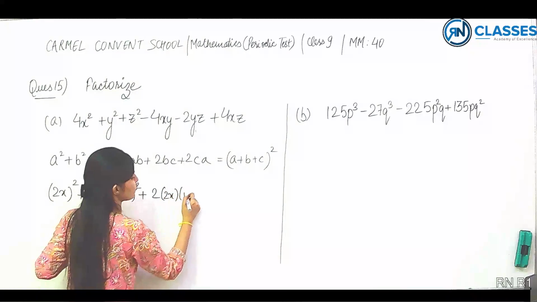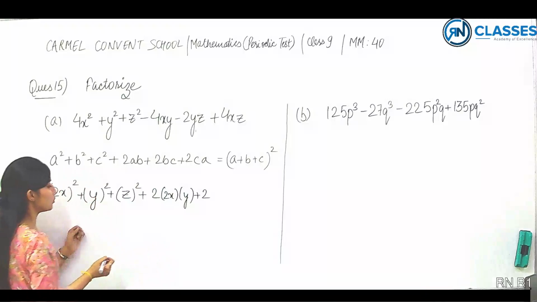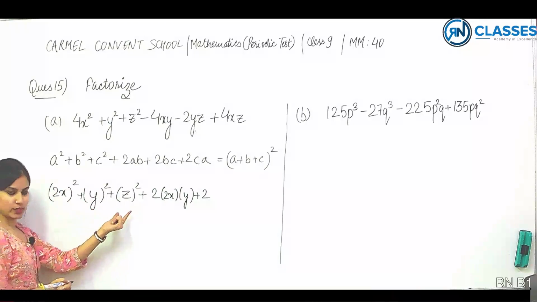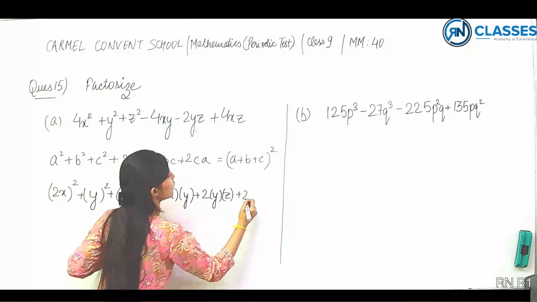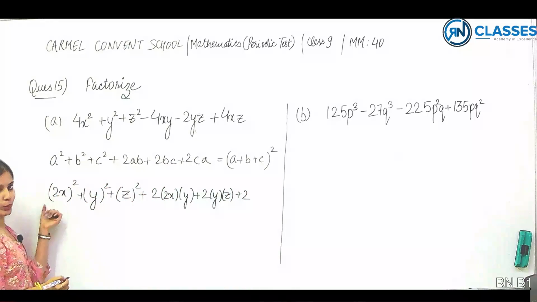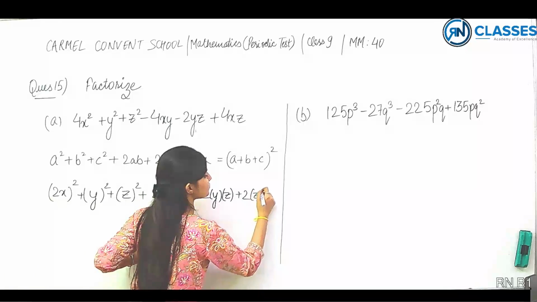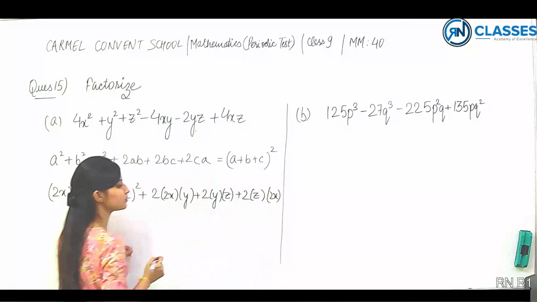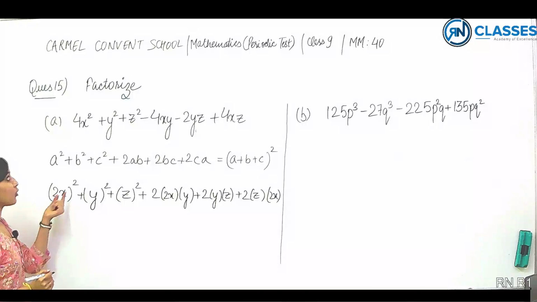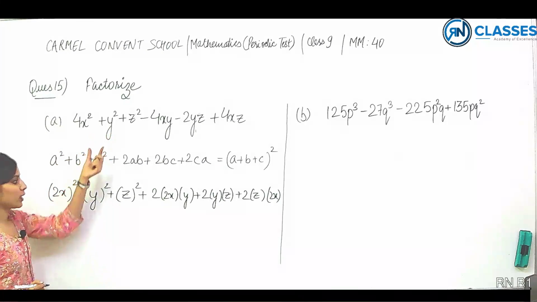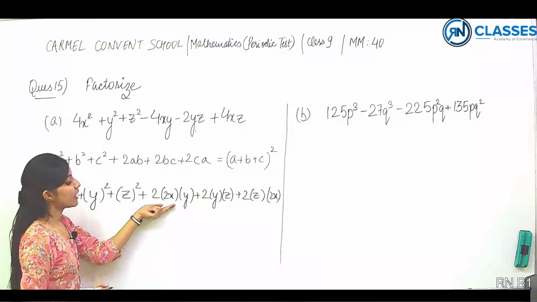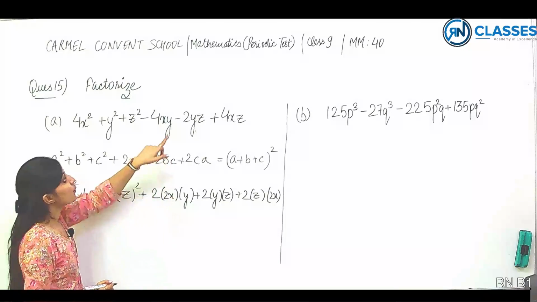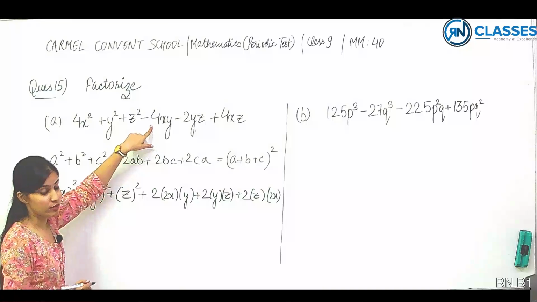So 2x into y plus 2 into bc, that is y into z, plus 2 into ca, that is z into 2x. Right? So this is 4x square plus y square plus z square plus 4xy. यहाँ पे आ रहा है plus 4xy, but here we have minus 4xy.